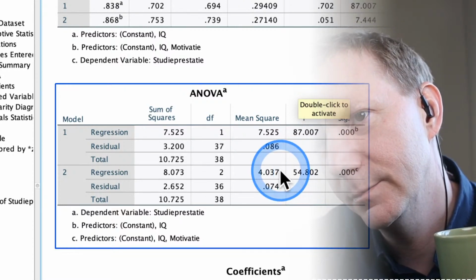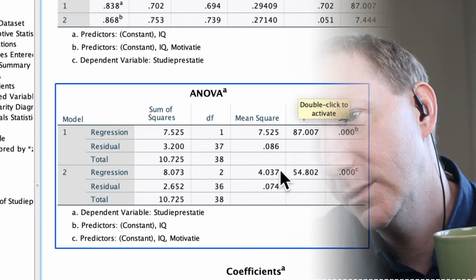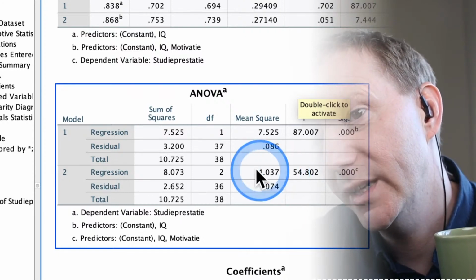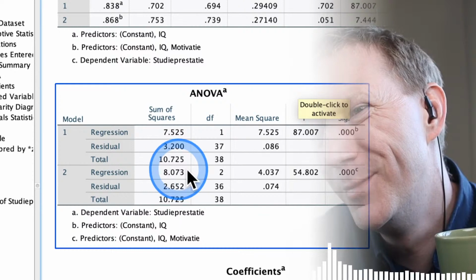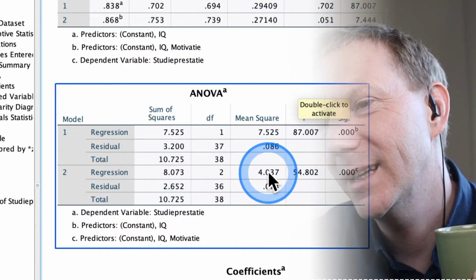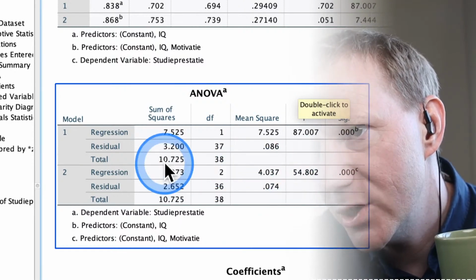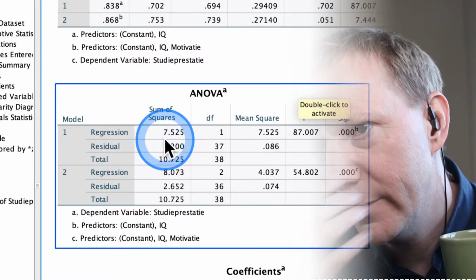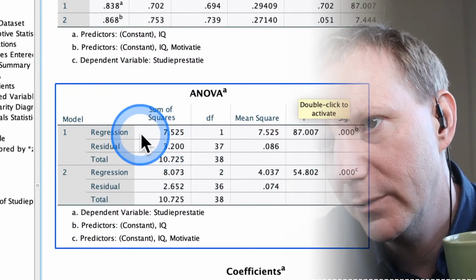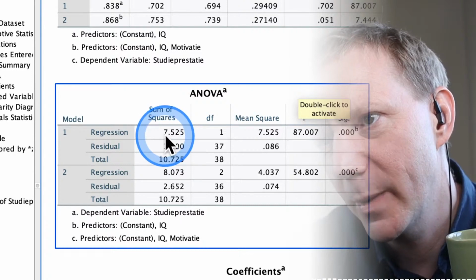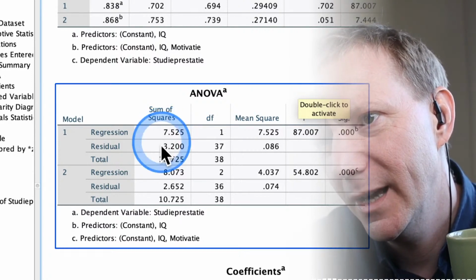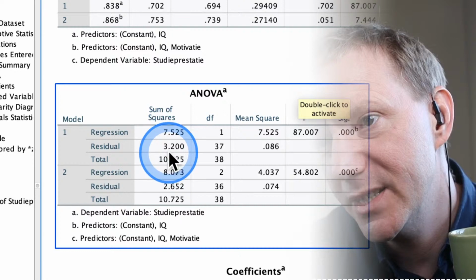Well, there actually is a bit more signal, but it's the ratio, right? Here you have the sums of squares of the regression. So this is the sums of squares of the explained part, and this is the unexplained part.